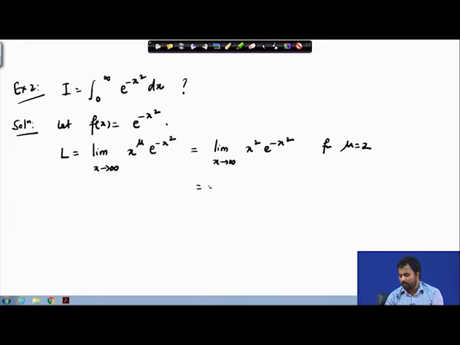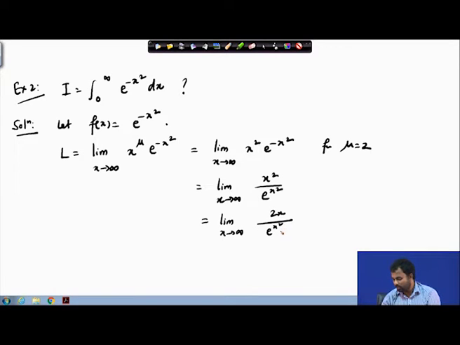Then this can be written as limit x goes to infinity x square by e to the power x square. And next, this one is basically infinity by infinity form, if you remember from L'Hopital rule. So, I can differentiate both numerator and denominator, and this will be written as 2x divided by e to the power x square.